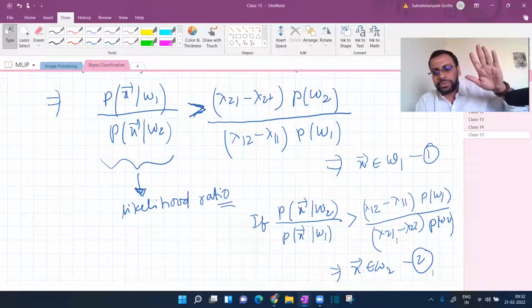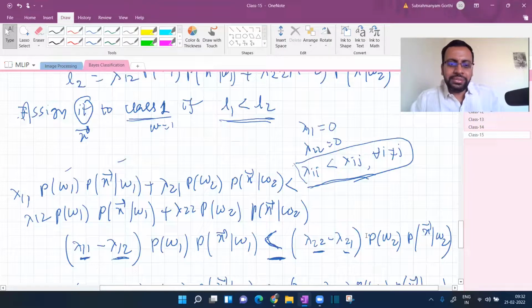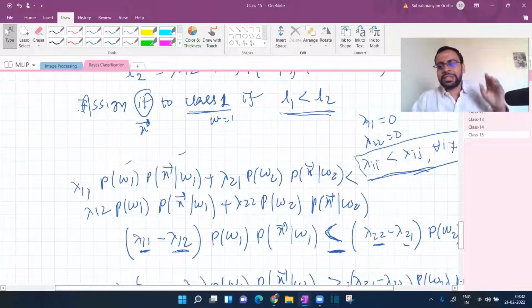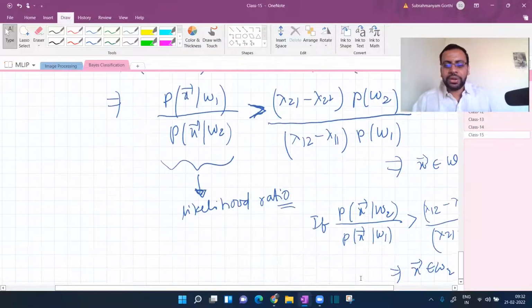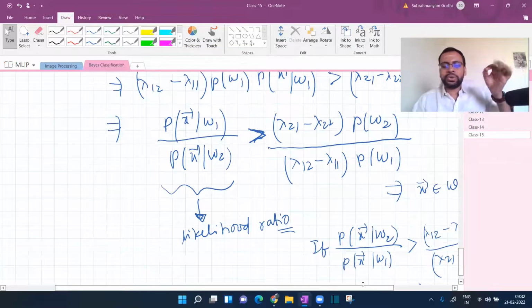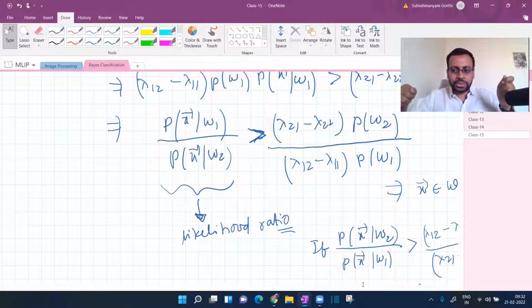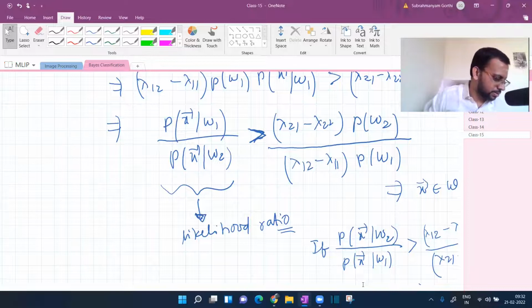So for right now, all I want to say is we have cleverly avoided computing explicitly the boundaries for each region. Rather, we are doing it in such a way that you know the likelihood distribution for class 1, for class 2, and you know the penalties to keep, and that's how you are computing it here. Is that clear? Are there any questions so far?